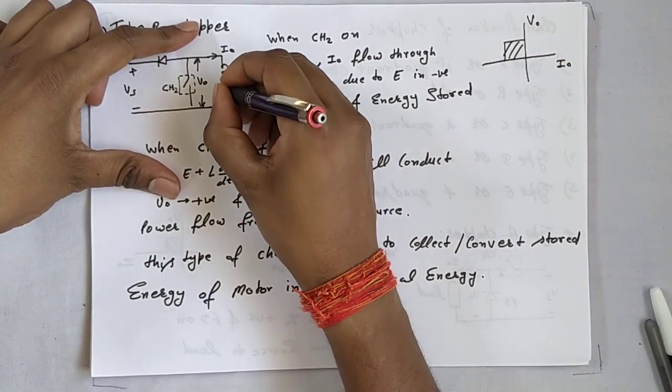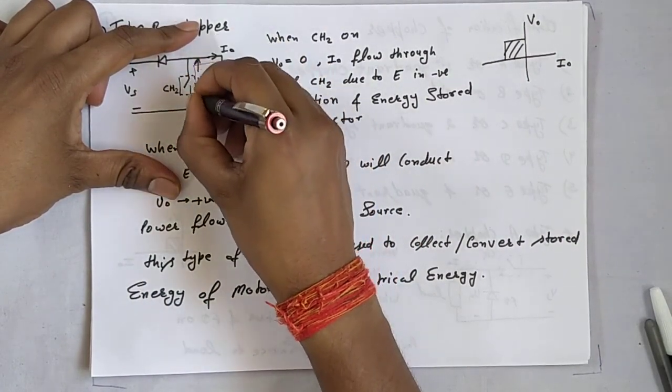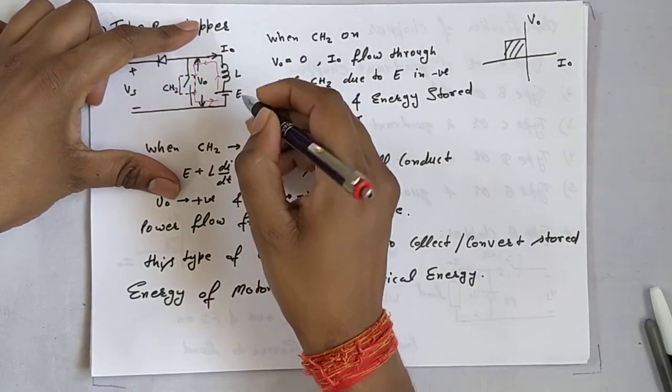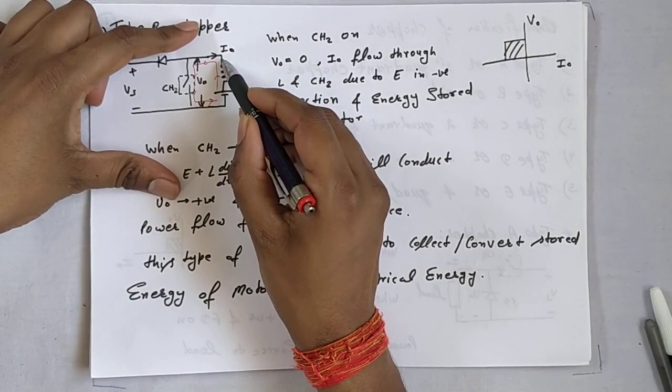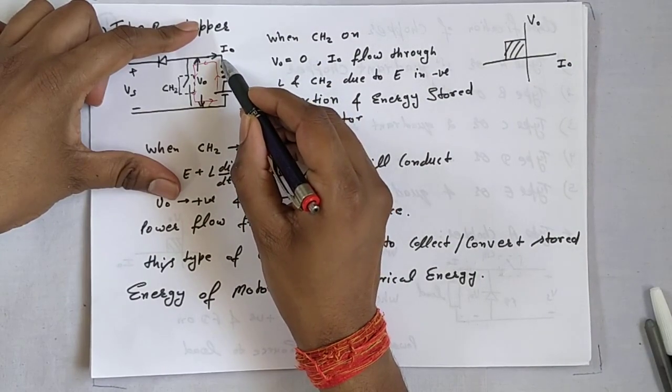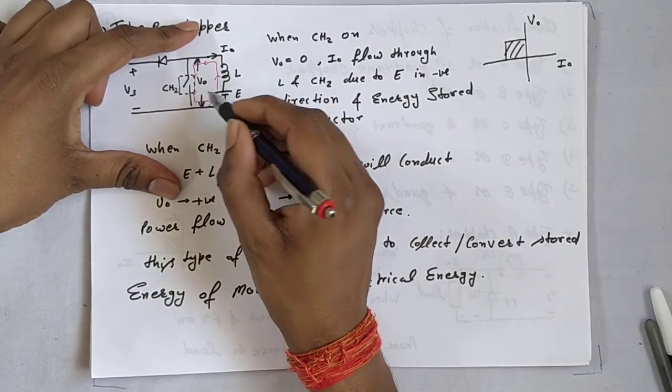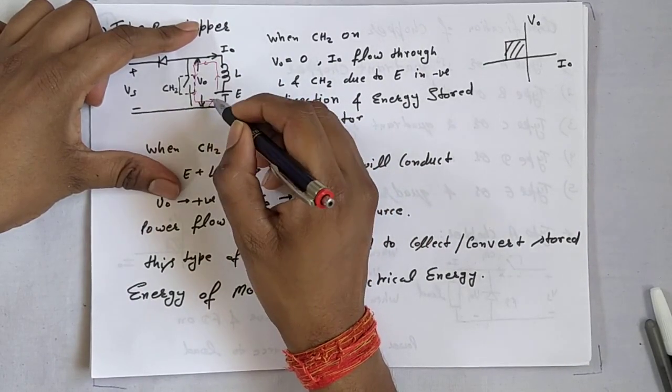Current will flow in this direction like this. The conventional current I0 I denote like this. So when CS2 is on, current will flow in this direction.